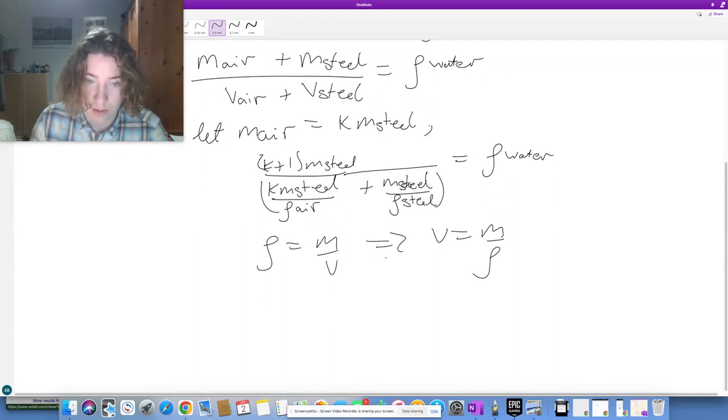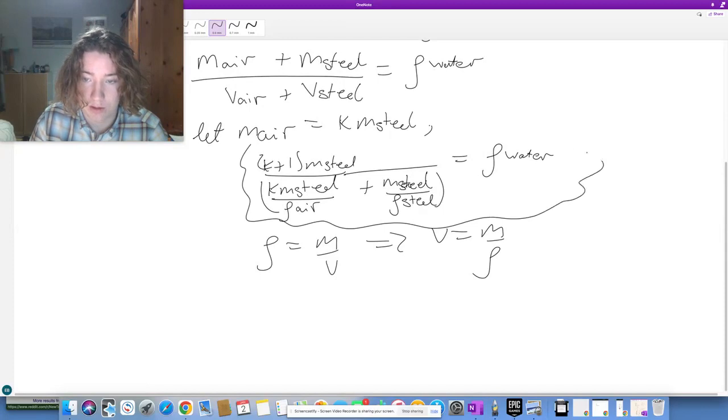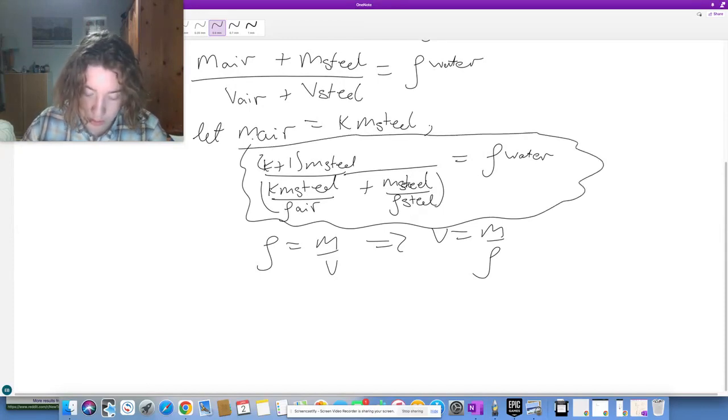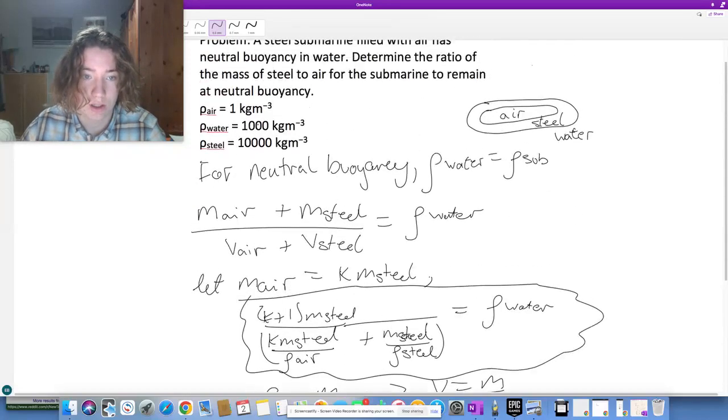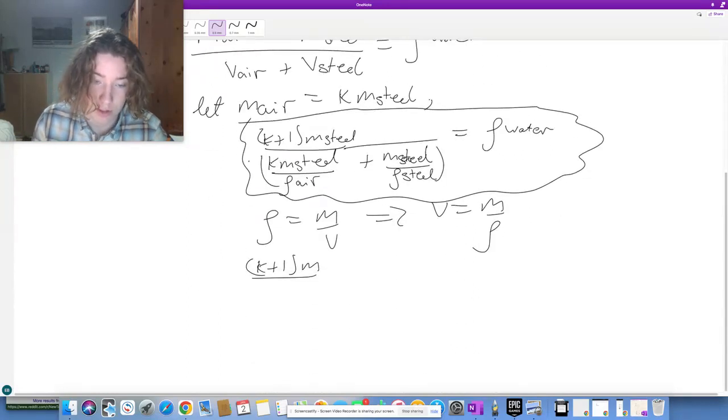So with this equation that we've got up here, what we can then do is plug in some values. And since now we're only using one variable for mass, I'm just going to abbreviate m steel as M. It's a little bit lazy, but it's perfectly functional. Now, if we cancel this out a bit, we know that the density of air is 1 kilogram per meter cubed, the density of water is 1,000, and the density of steel is 10,000 kilograms per meter cubed.